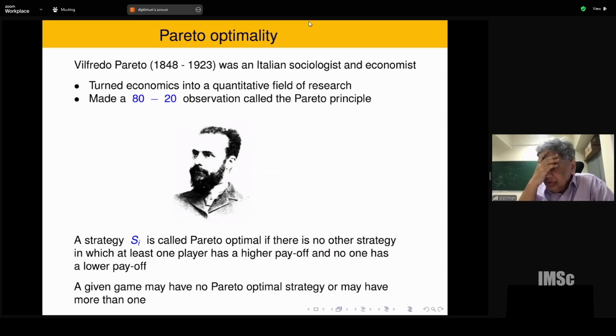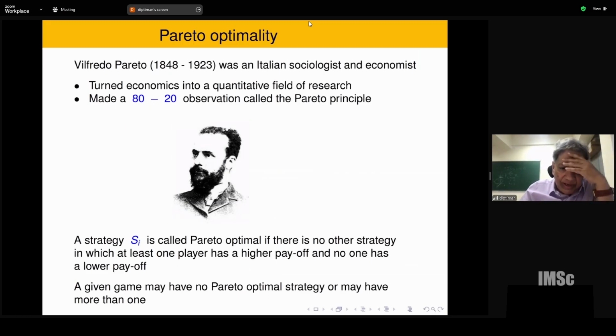As an example relevant to scientists, something like 80% of the citations will be cornered by 20% of the scientists. It doesn't have to be 80-20, it can be 90-10 or 70-30, but it'll always be unequal. This is called the Pareto principle, and it's a basic feature of life.